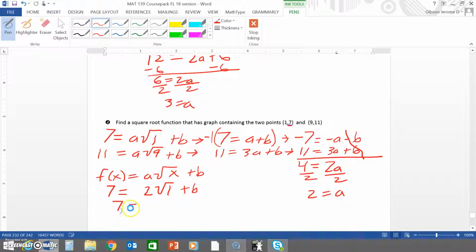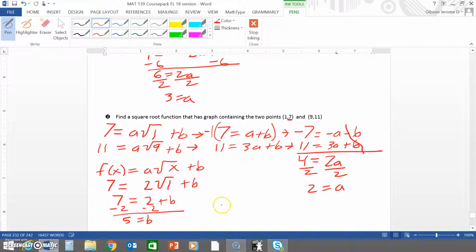So 7 is equal to the square root of 1, which is 1, times 2 is 2, plus b. We subtract 2 on both sides, and 5 is equal to b. So our final equation would be f of x is equal to 2 times the square root of x plus 5.